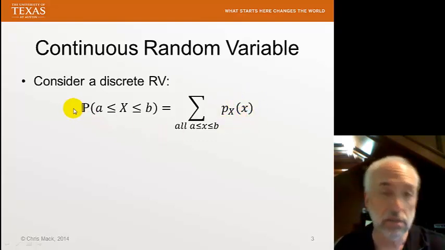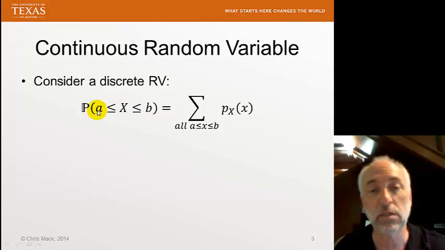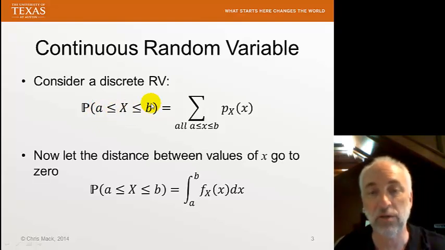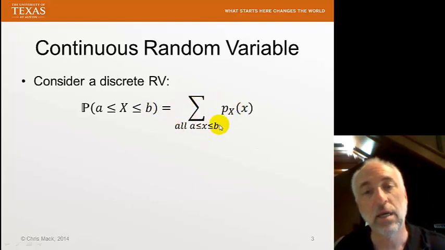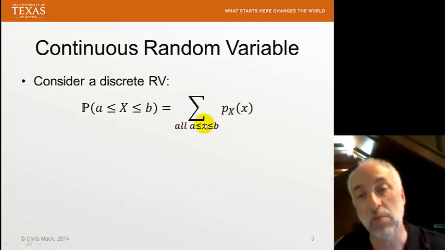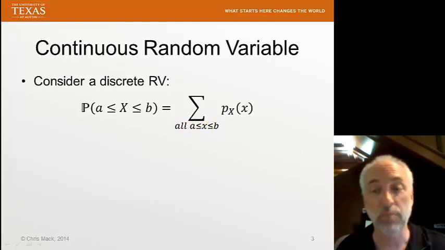So we can describe the probability of my random variable being between some lower bound a and some upper bound b, as the sum of all the values of x that are between a and b, summing up the PMFs.